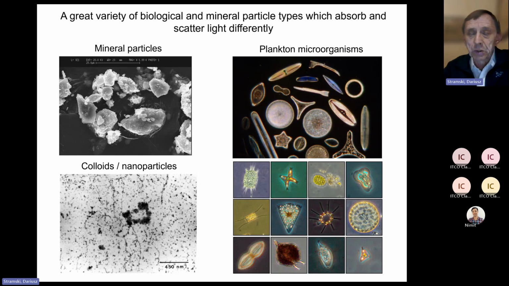They all refer to a smaller or larger finite volume of seawater, which consists of very many particles and molecules. So because of the complexity of the particle types, composition, and the different optical properties, the problem is extremely challenging.